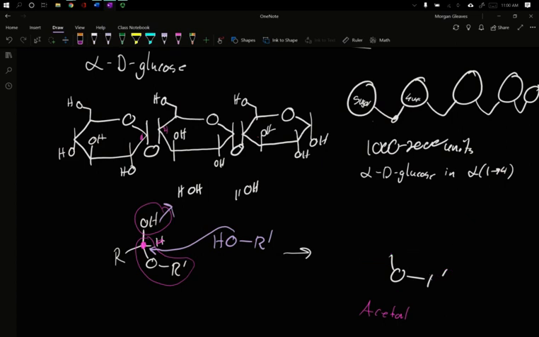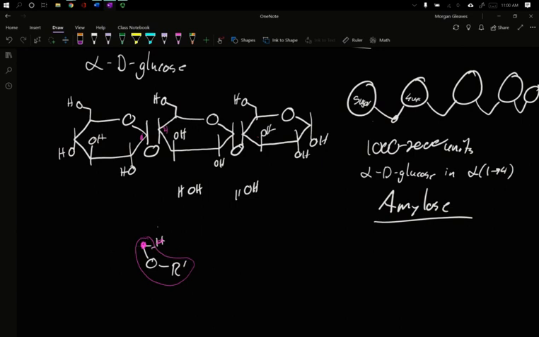This is amylose. Amylose is starch. That's what you think of when you think of starches. So a potato, most of the energy stored in a potato, is amylose. It's actually just really long chains of these alpha D-glucose 1,4 connected units.